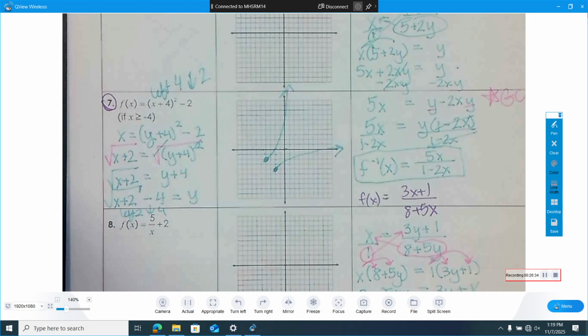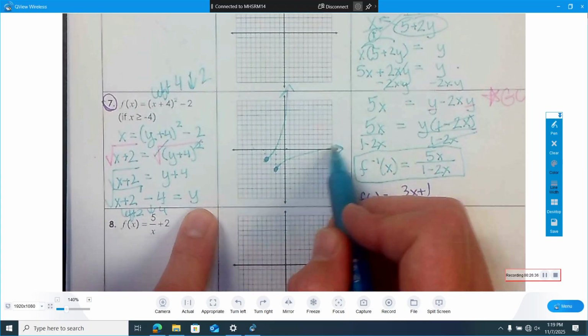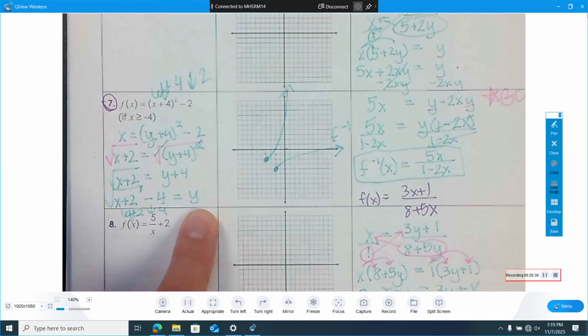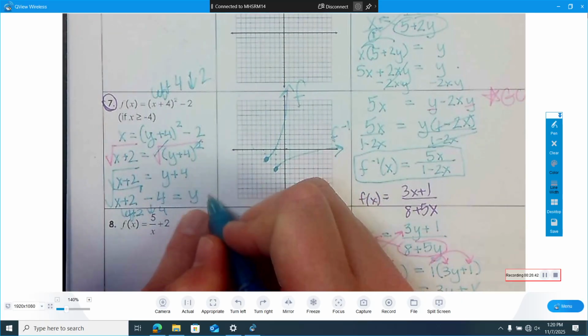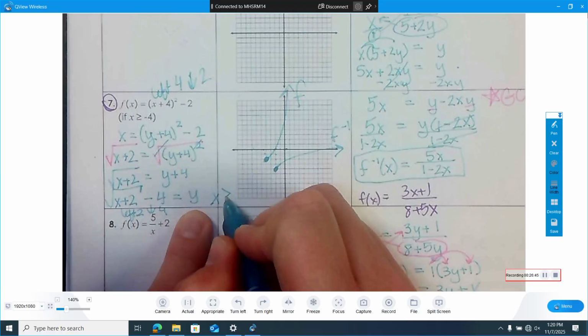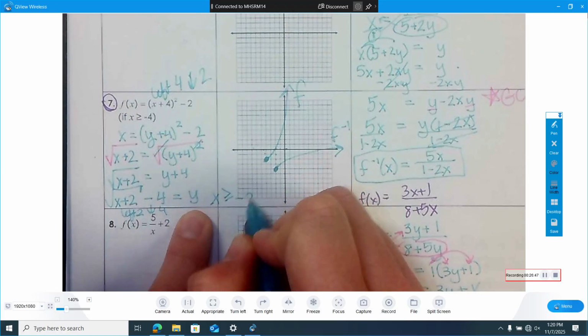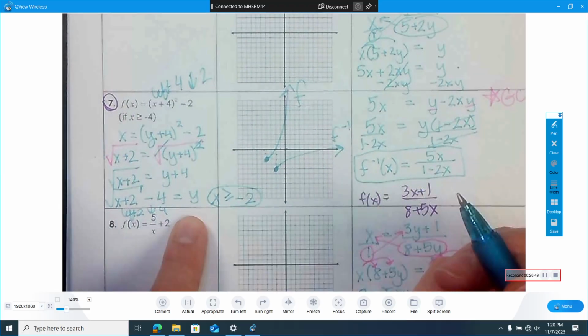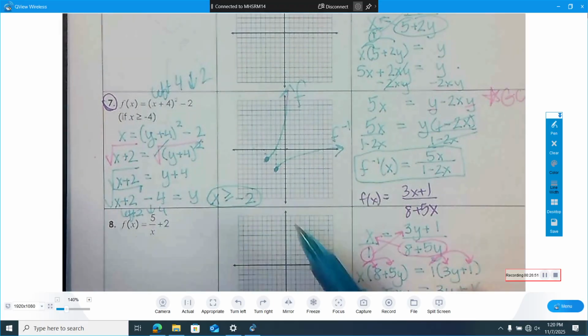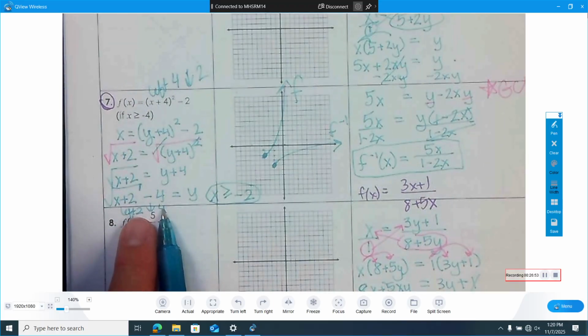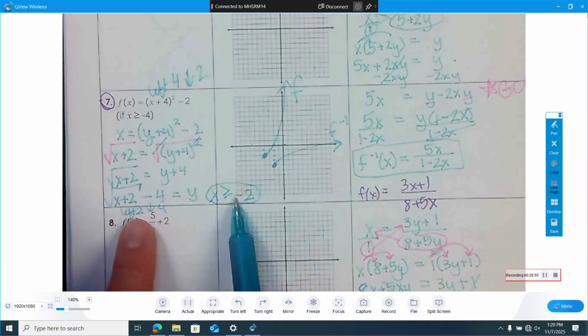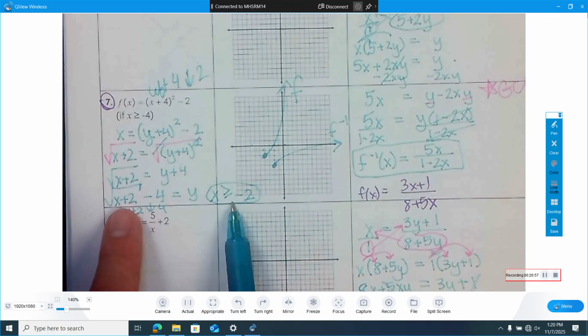What's the domain of this inverse function? Yeah, x is greater than or equal to -2. All right, and that we can clearly see just by knowing what the shape of our graph is here. And I would like you to pay attention to how this x is greater than or equal to -2 is related to our inside function there.